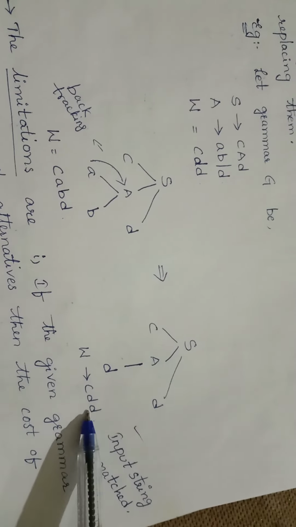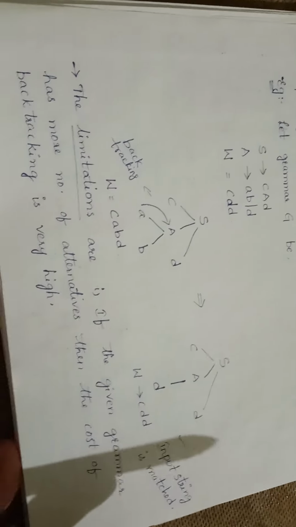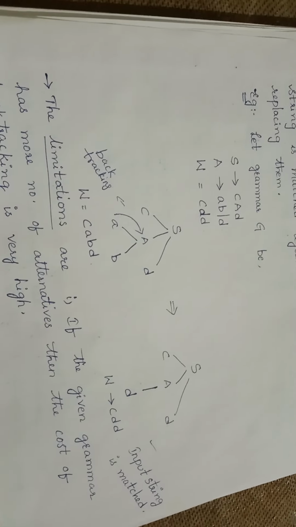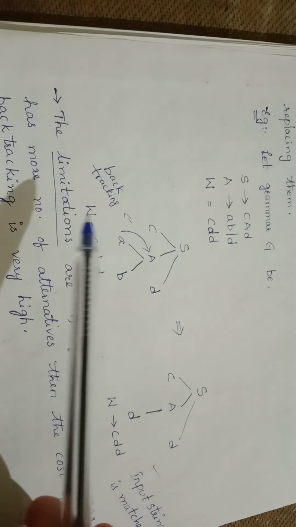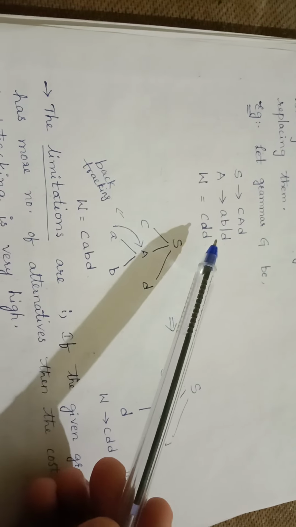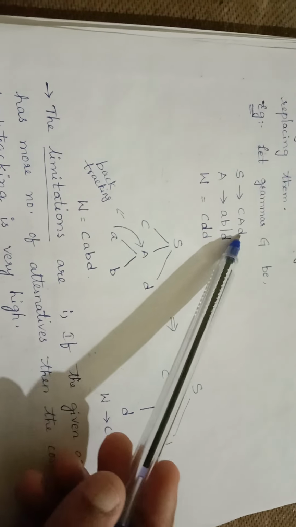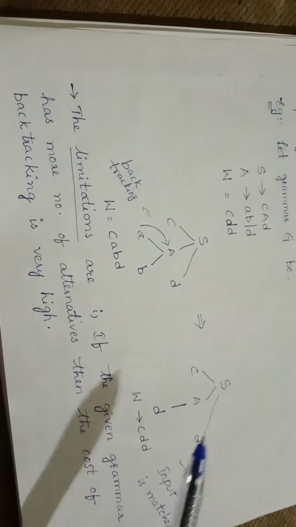So now the input string is matched. This process is called as backtracking. So in order to derive the input string, if the rule doesn't match, if we go back and use one more production rule from the given grammar, then that process is called as backtracking.